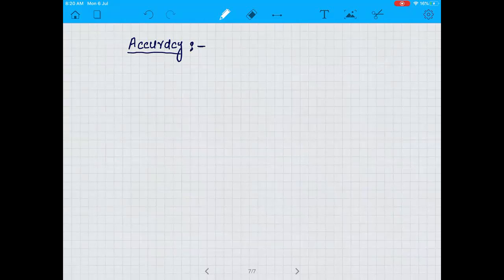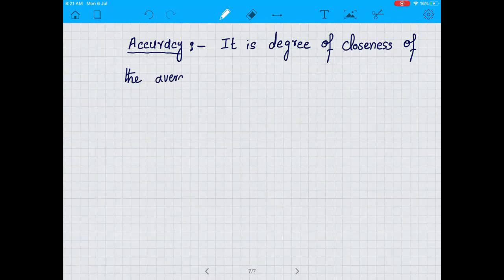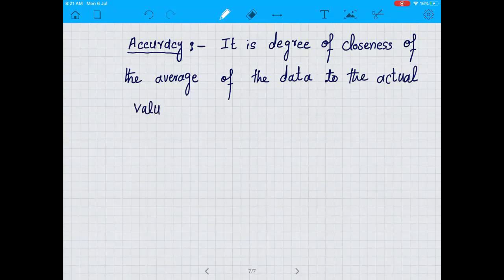Accuracy defines basically, you can say that it is the degree of closeness of the average of the data to the actual value.